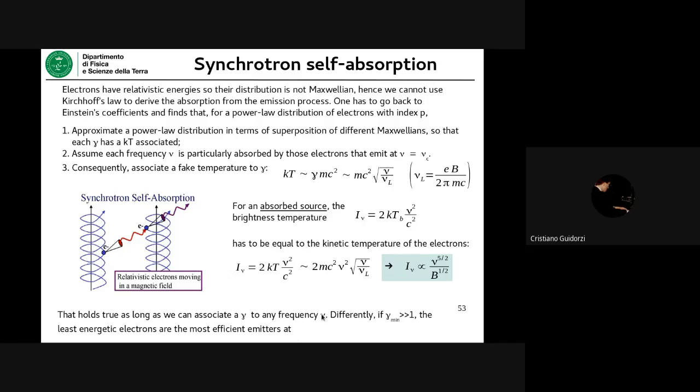Well, but if you remember the distribution of electrons, I said, let's assume there's gamma 1 and gamma 2, which are the boundaries which define the distribution of Lorentz factor for a given population. So gamma 1 is gamma min, the minimum Lorentz factor available. This trick no longer holds if you consider very low frequencies, so low that the corresponding Lorentz factor is below gamma min.